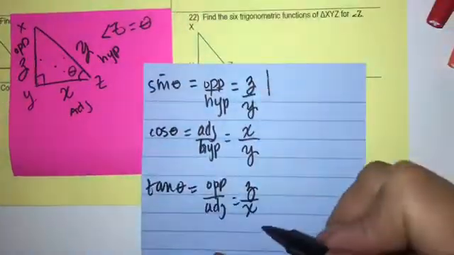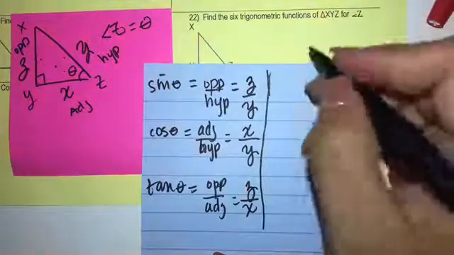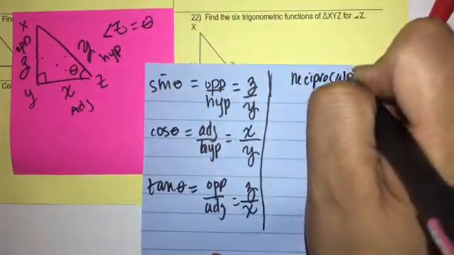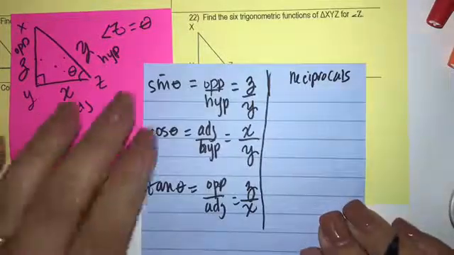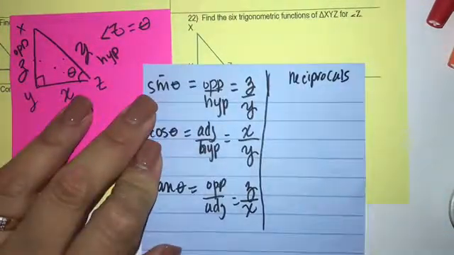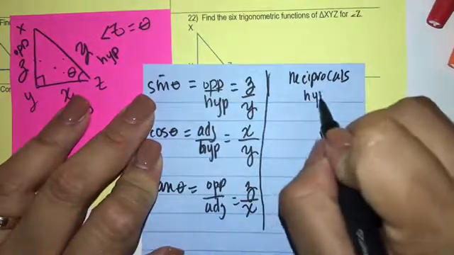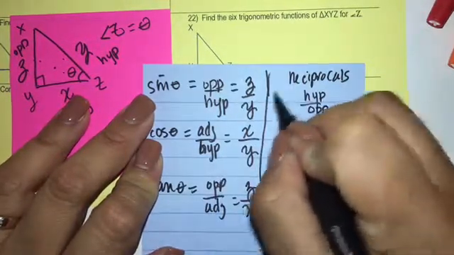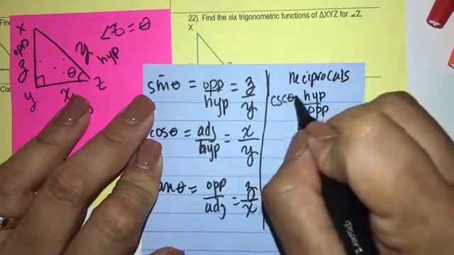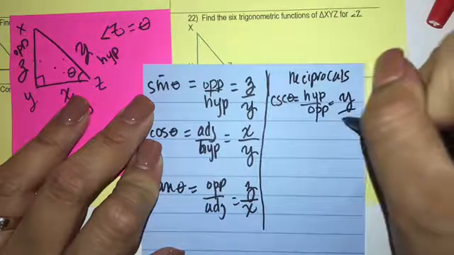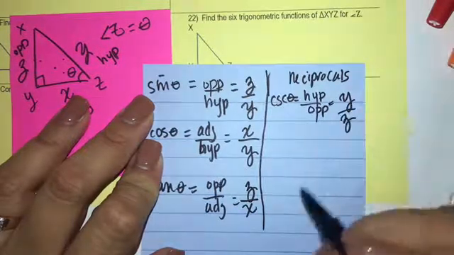And then on this side, we're going to talk about reciprocals. So the reciprocal of sine theta, when we're talking about the sides, is going to be hypotenuse over opposite, which is cosecant theta, which is equal to little y over z.